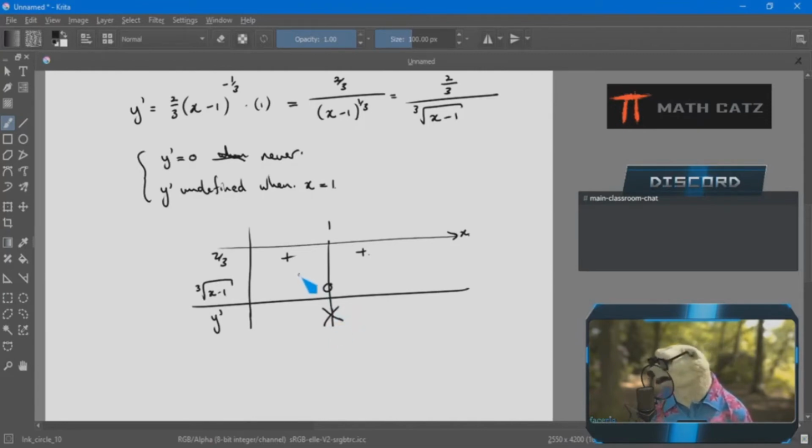Okay. Now, this looks perhaps a little bit uncomfortable. To the left of 1, is this positive or negative? A shortcut that you can take to make it easier is I can take a representative number inside this interval. It's 0, so it's inside this interval.